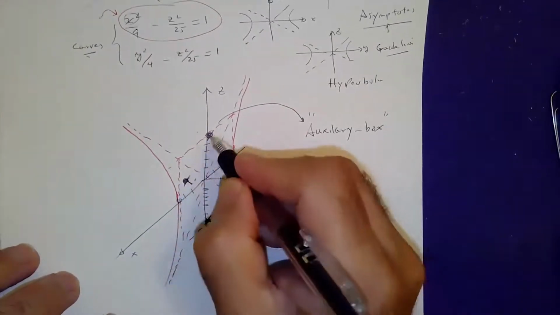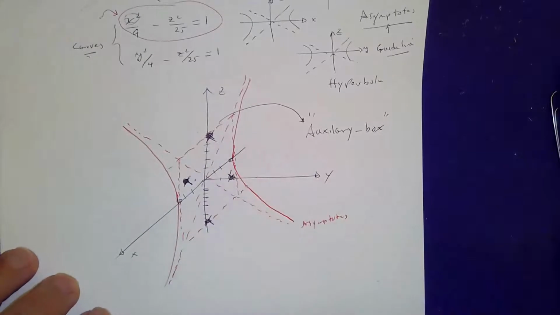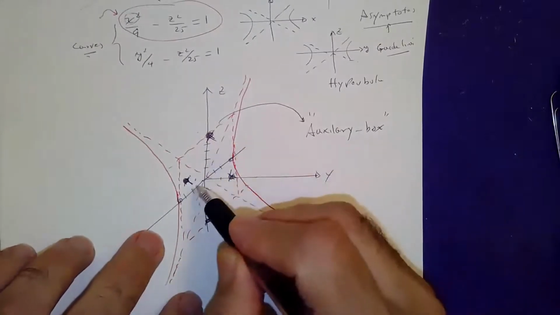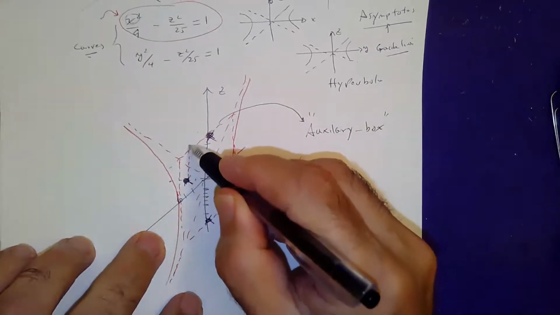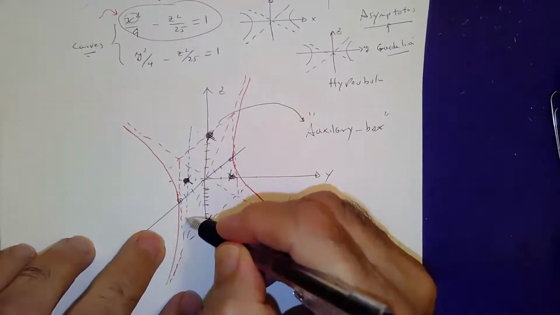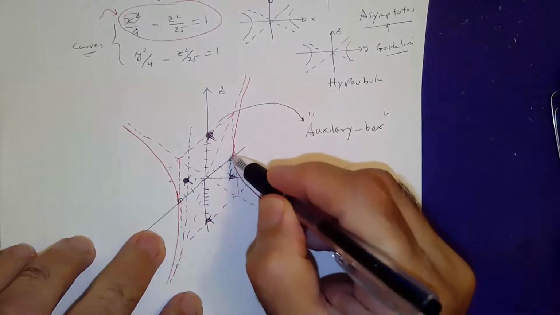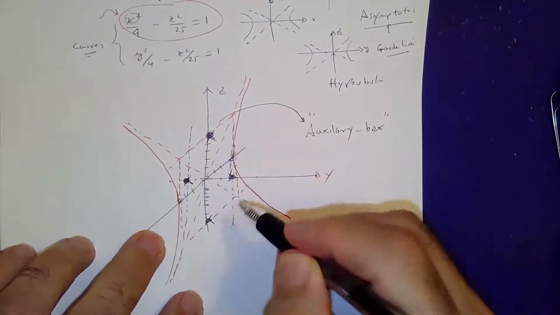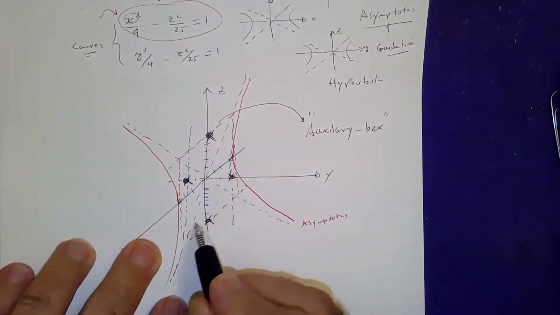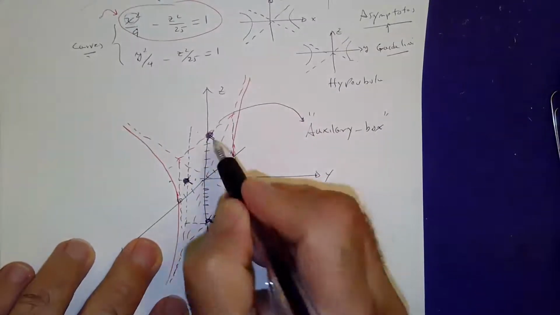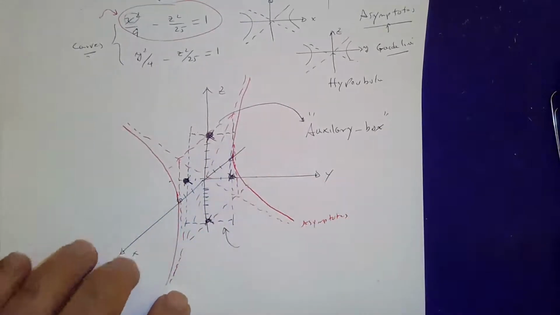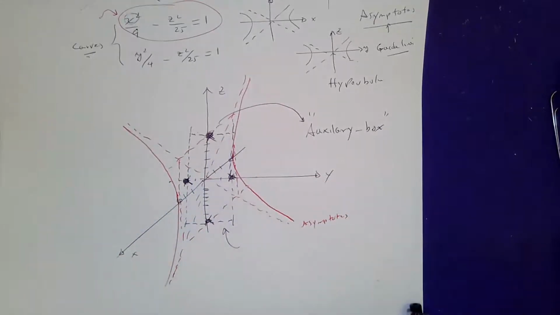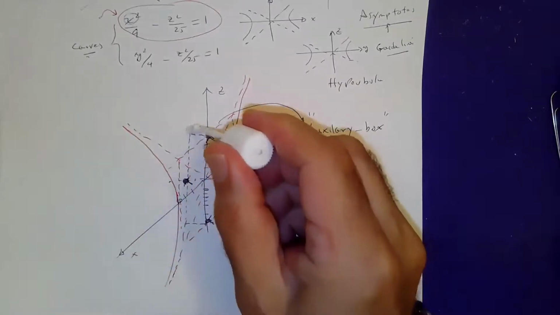So from the y-intercepts, draw lines parallel to the z-axis, like so. From the z-intercepts, draw the lines parallel to the y-axis, like so. There goes your auxiliary box. Do you see it? I did it with black. I hope you can see it on your monitor.